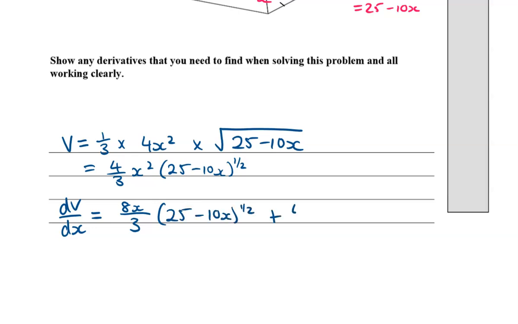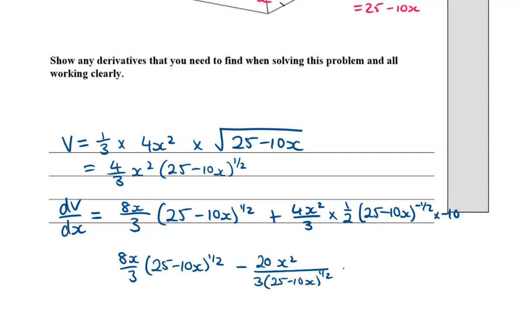And then add on the first part times the derivative of the second part. So times half, 25 minus 10x to the minus half times minus 10, which I've tidied up to this, and then let's set that equal to 0.